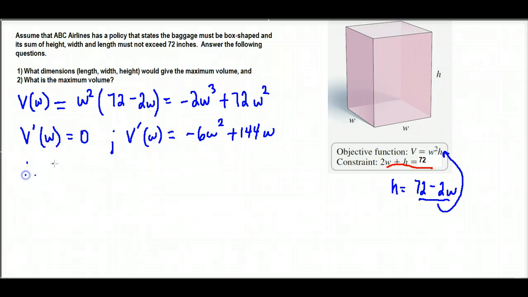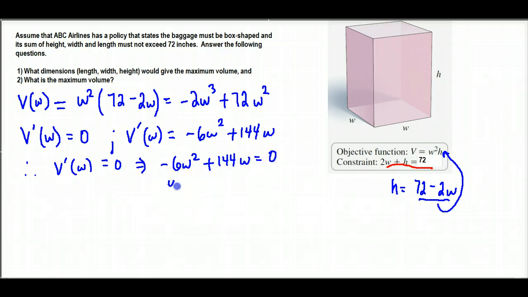And so now if we set this equal to 0, this would imply that negative 6W squared plus 144W is equal to 0. We factor out a W. And we see from here that either W is equal to 0 or negative 6W plus 144 is equal to 0.